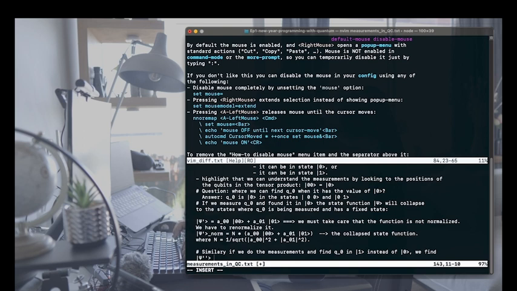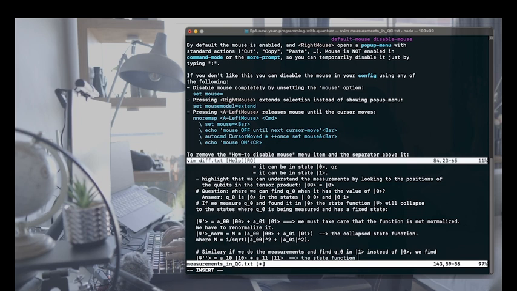We can have an alternative scenario where if we do the measurement, we find the first qubit Q0 in state 1 instead of 0. And then the state function will collapse to a new state called psi double prime.